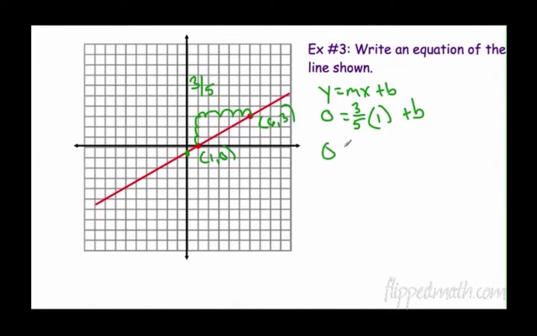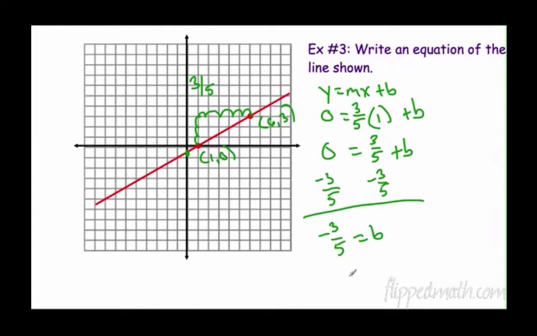Now I solve it. 0 equals 3/5 times 1, 3/5 plus b. Subtract 3/5 from both sides. I know you guys love them fractions. 0 minus 3/5. Oh no, calculator. Oh, it's negative 3/5. Okay. Then plug it into y equals mx plus b. y equals m. What's my m? I found my m was 3/5.